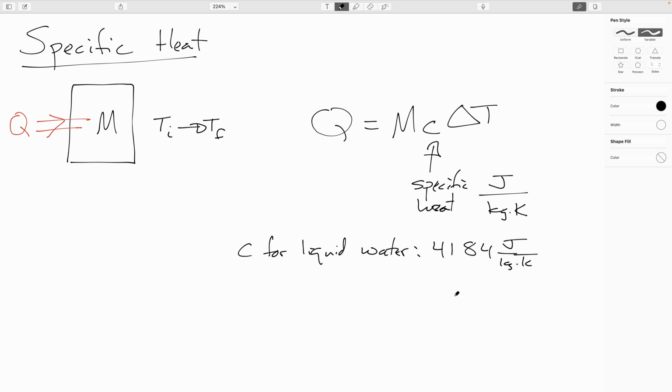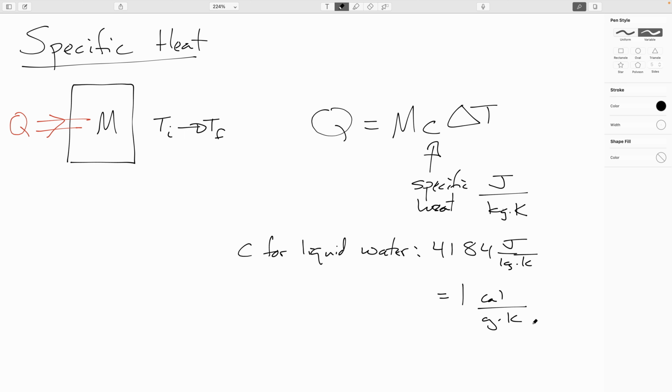Now, if you've seen this sort of thing before in a chemistry class, you would also note that that's the same thing as 1 calorie per gram Kelvin. So the 4.184 is coming from the mechanical equivalent of heat. 1 calorie is 4.184 joules. Then we pick up a factor of 1,000 because physicists like to work in kilograms rather than grams.